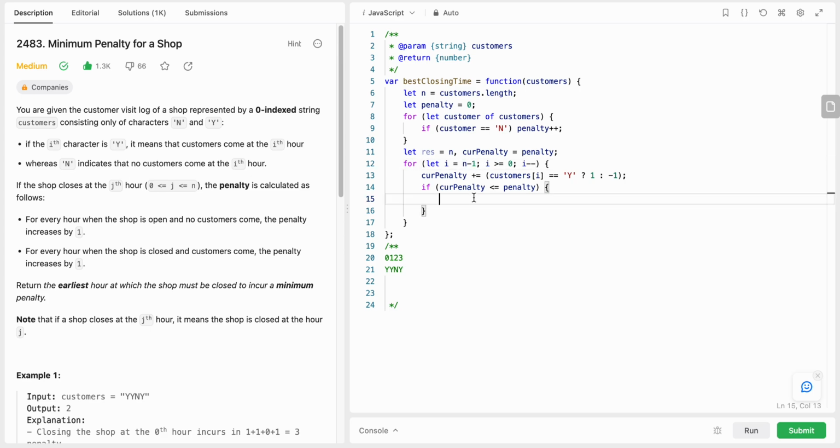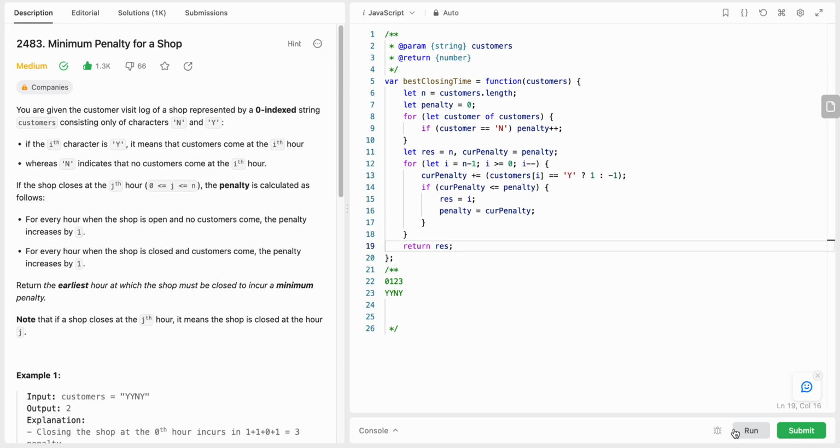If that's the case, then our result will be the index i, and penalty will be equal to current penalty. Finally we return our result.